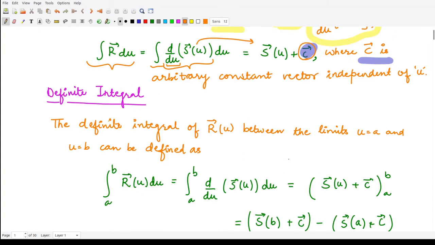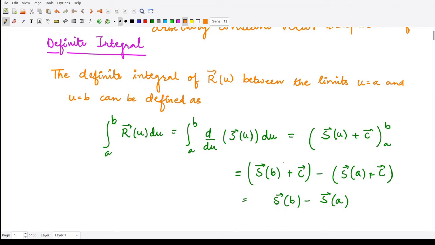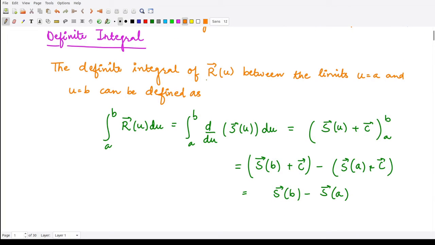Moreover, we can define definite integrals. The definite integral of the vector function r of u, with the independent variable u varying from a to b, could be defined in a similar manner. Here also we write r of u as the derivative with respect to u of some other vector point function s of u.